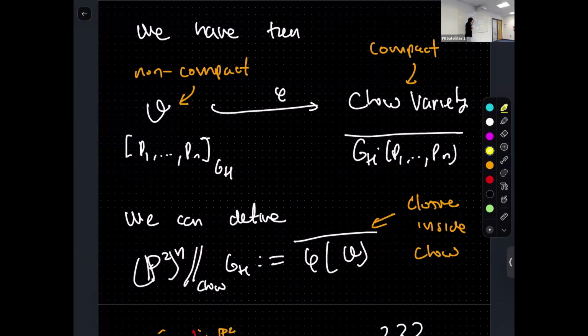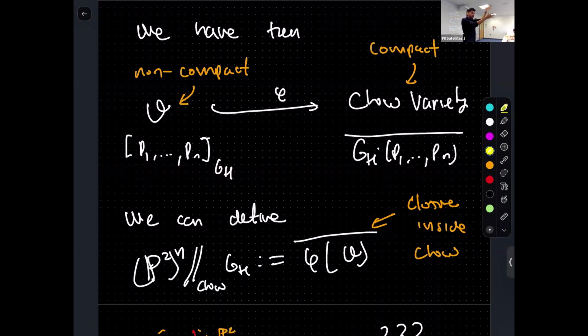And because this is compact and this is not compact, you know what I'm going to do? I'm just going to take the closure. What does this amount to technically? It means that you see the orbit, but you also see the degenerations of the orbits. Think about a conic in P2. It can break into 2 lines in P2, right? Whenever you have a variety, the variety can break.